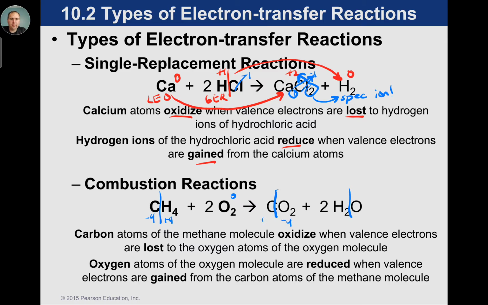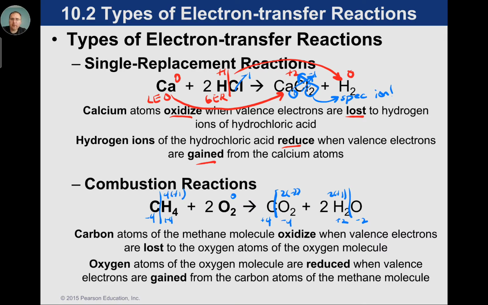Here we have a +4 to make up for it. Hydrogen's still a +1, so that's a +2 total. It's a +1 each atom, so +2 total. Oxygen is a -2. So oxygen was a -2 there. It was 2 -2s here, just like it was 2 +1s there, and just like it was 4 +1s over here.